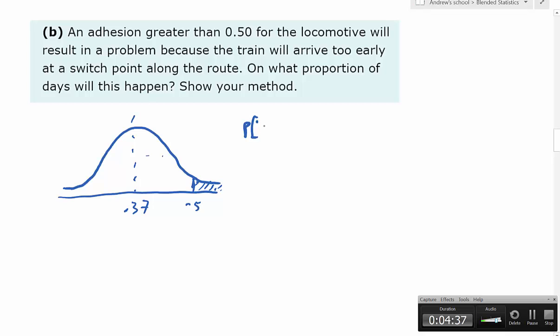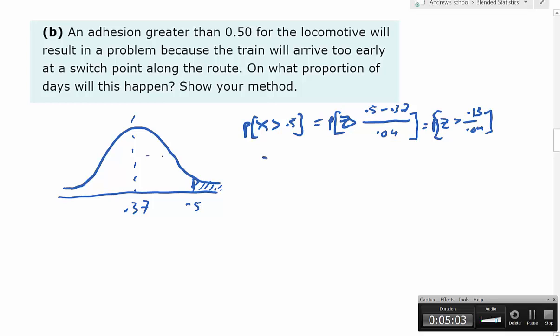The probability that x is bigger than 0.5 is the same as the probability that z, standardizing, is greater than the value minus the mean over the standard deviation, which is the probability that z is greater than 0.13 over 0.04, which is the probability that z is greater than 3.25. We already know this is very far away from the mean, so it's going to be a very small number.